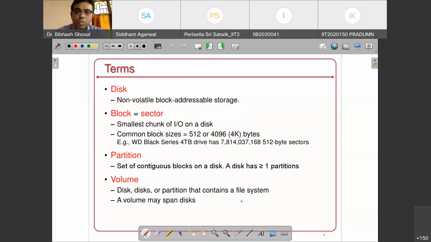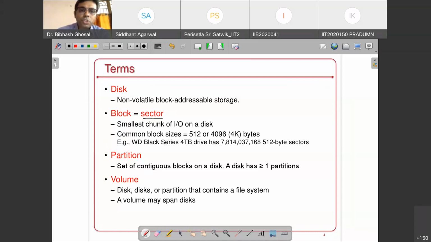Let's look at, we have already seen what a hard disk is. It's a non-volatile block device which stores a lot of data, and each one of those blocks is identified by what you call, we are writing it as sector, but it's actually a tuple which consists of sectors and cylinders.